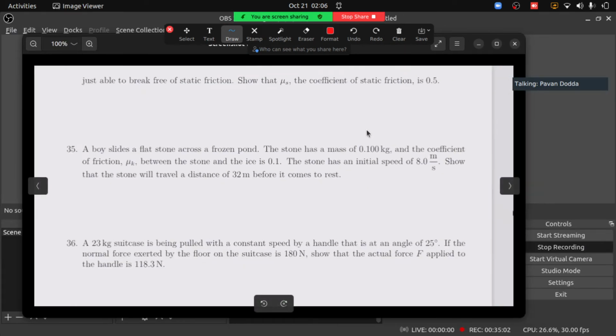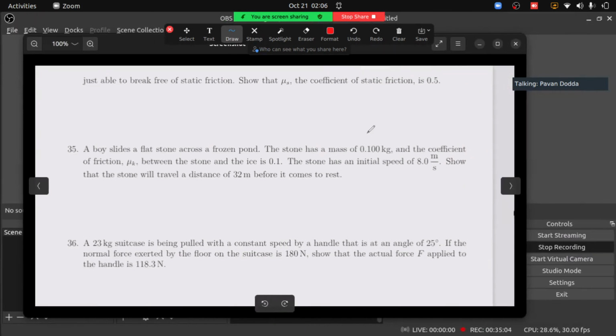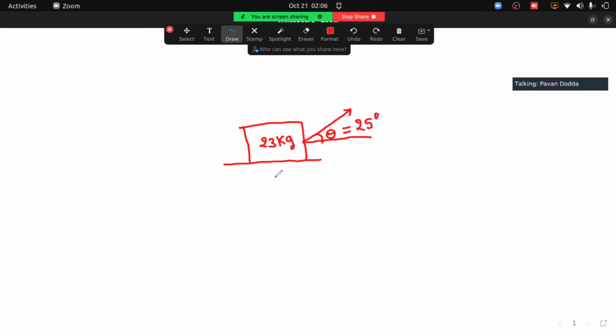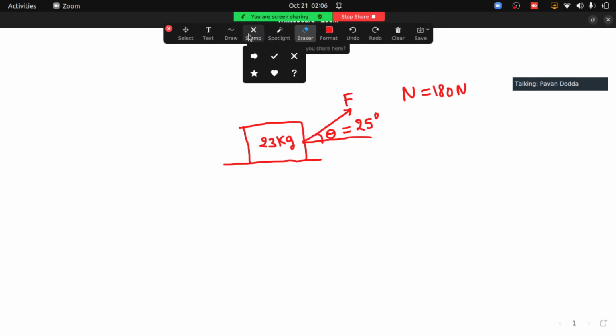They also said about the normal force. What is the normal force acting? 180 newtons. So this is F applied, or I can just say FA. Let's write it as F.